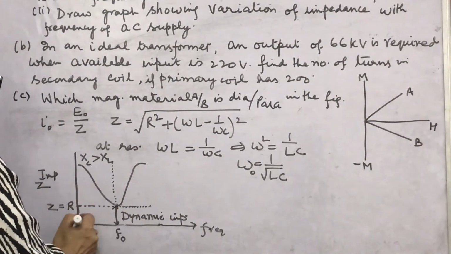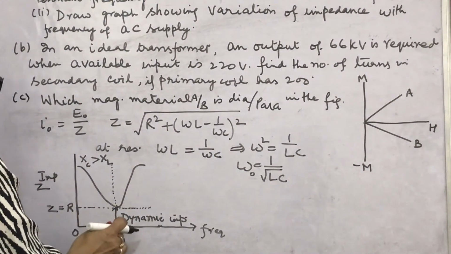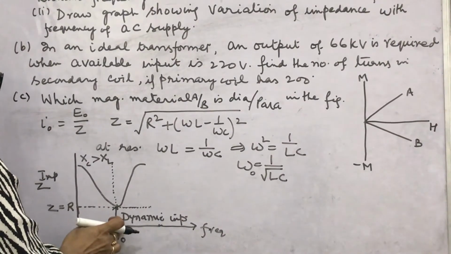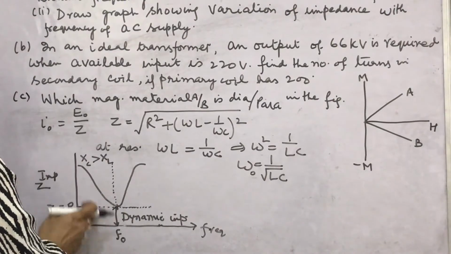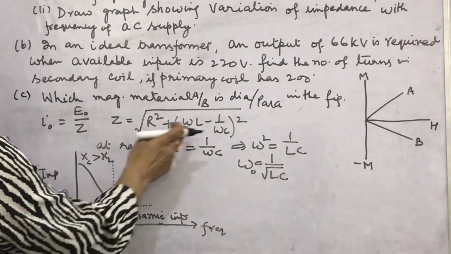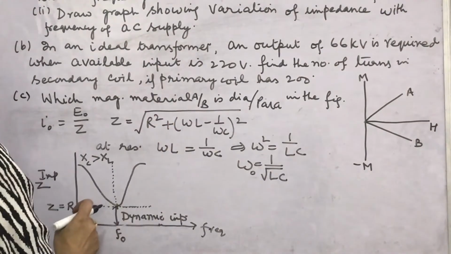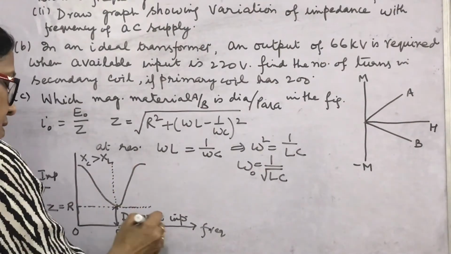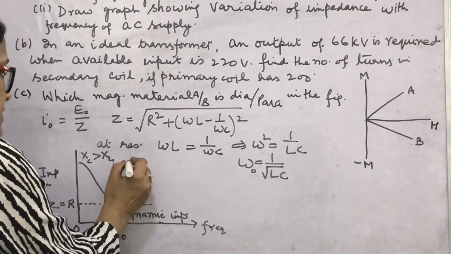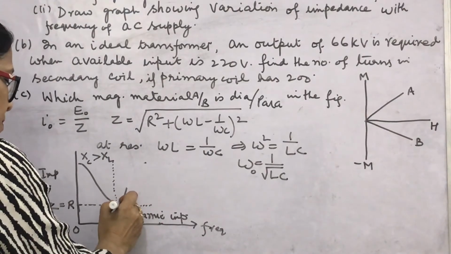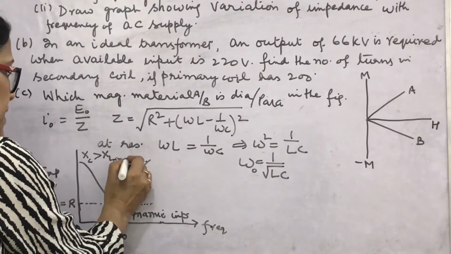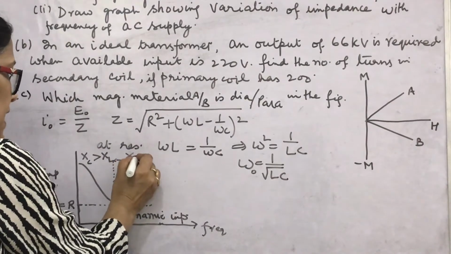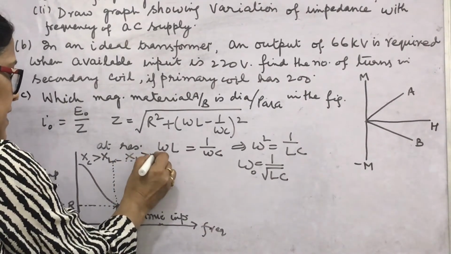Before that, if the applied frequency is less than resonant frequency, the circuit behaves as capacitive, because for less F, this will dominate. And for frequency greater than resonant frequency, that is for this part of the graph, you will find XL will be greater than XC.